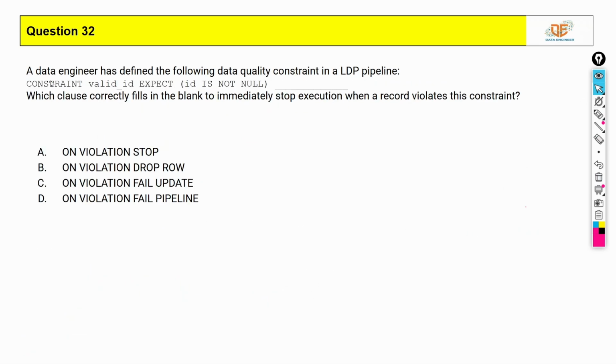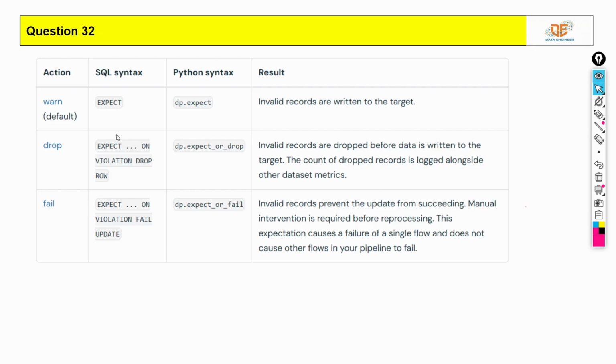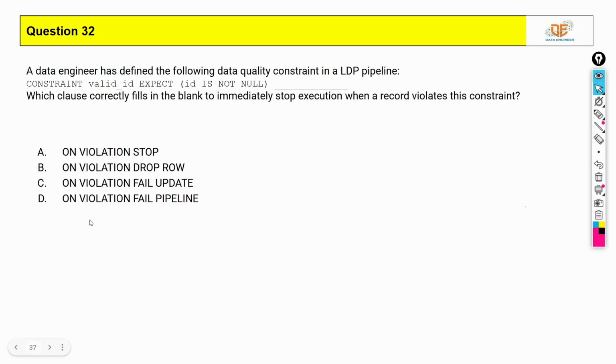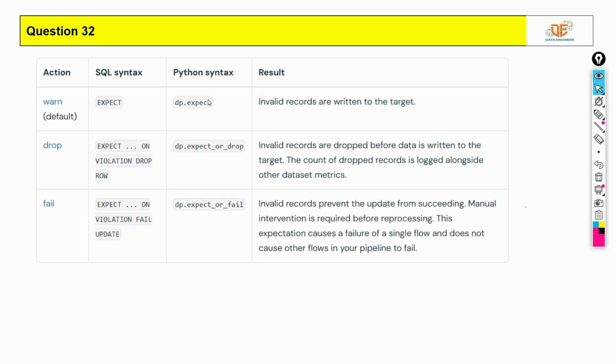C. The data engineer has defined the following data quality constraint in an LDP pipeline. This is one of the most important questions. I got this question. Which clause correctly fills in the blanks to immediately stop the execution when a record violates the constraint? Let's look into the documentation first. We have ON VIOLATION DROP ROW, ON VIOLATION FAIL UPDATE, and fail pipeline.